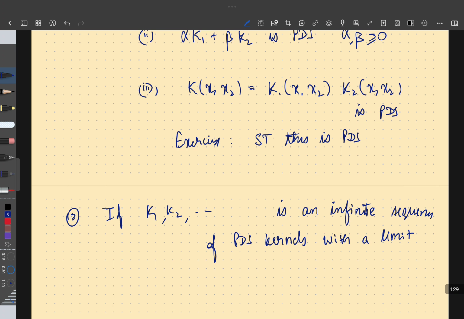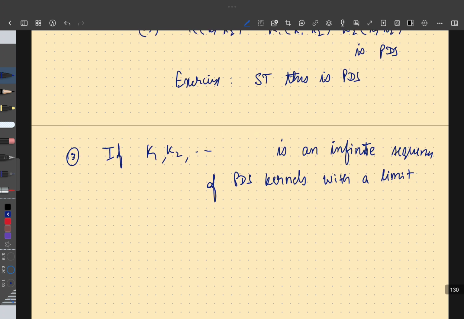So if the sequence of functions has a limit, let's say in L2, then the limit is PDS. Again, this follows from the property that a sequence of PSD matrices which converges will converge to a PSD matrix.